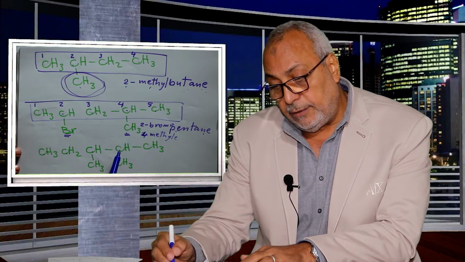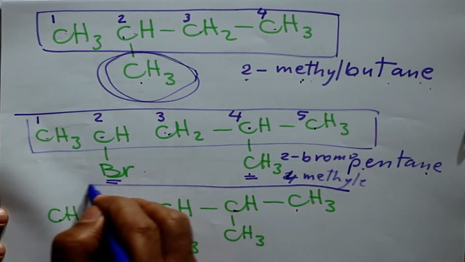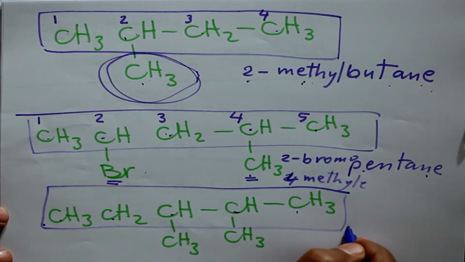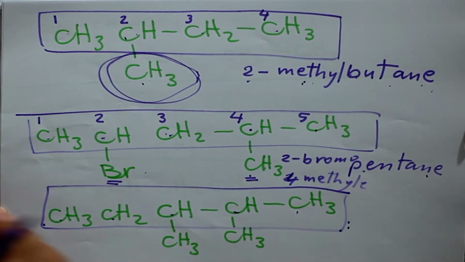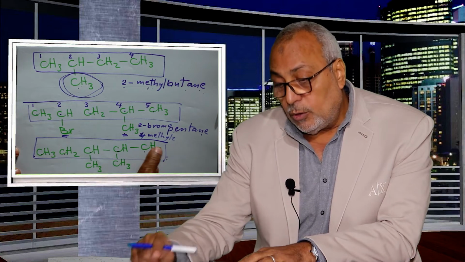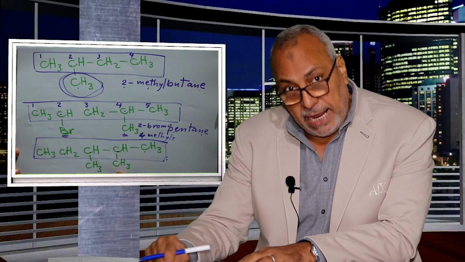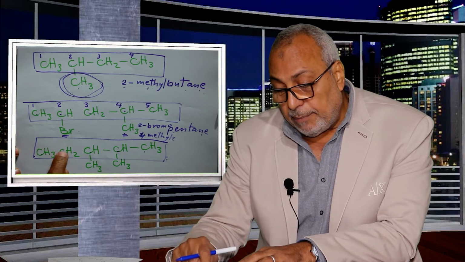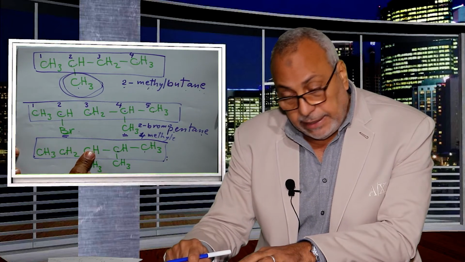We start numbering from one end or the other. We start from this end because the branch is at carbon number 2, but from the other end the branch is at carbon number 3.